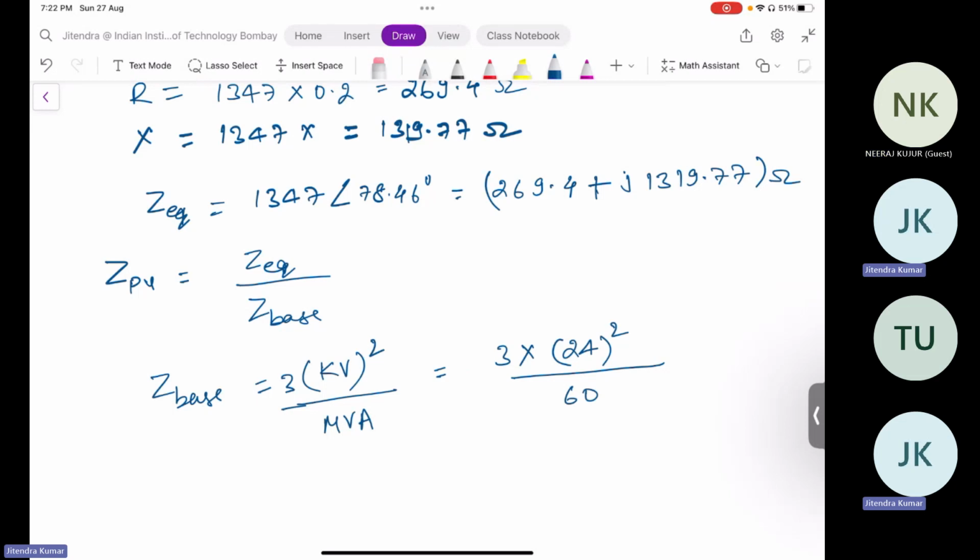Why am I taking 60 here? Sir, 20 kVA is for a single transformer. For the bank, it will be 3 times 20, 60 kVA. Perfect, yes. So this base value will come out to be, please calculate it for me. Sir, here it is given MVA and our power rating is in kVA. Okay, kVA. So it should be 0.06 MVA.